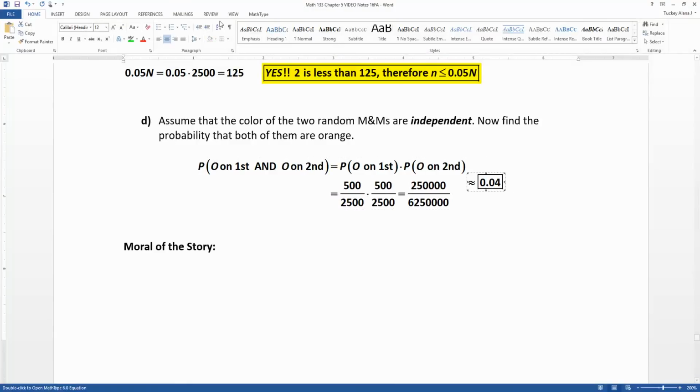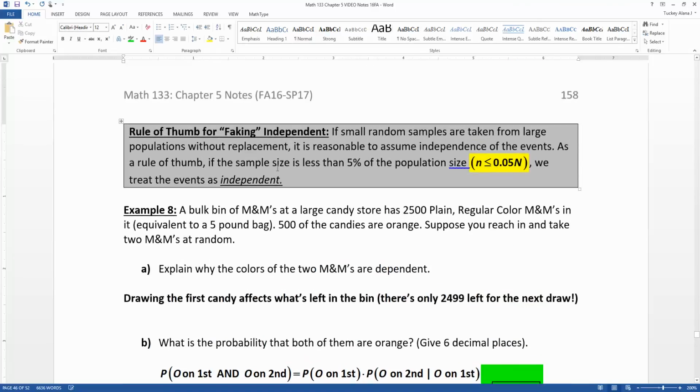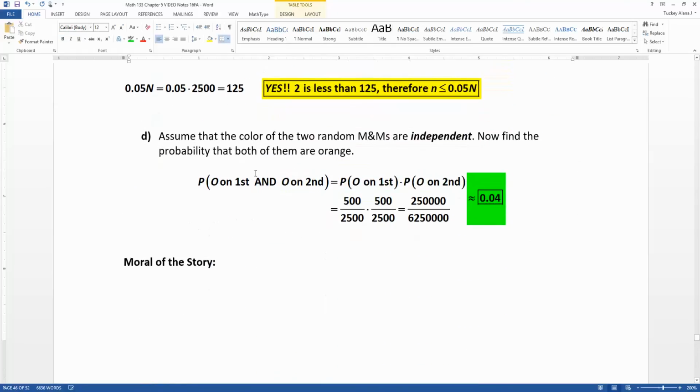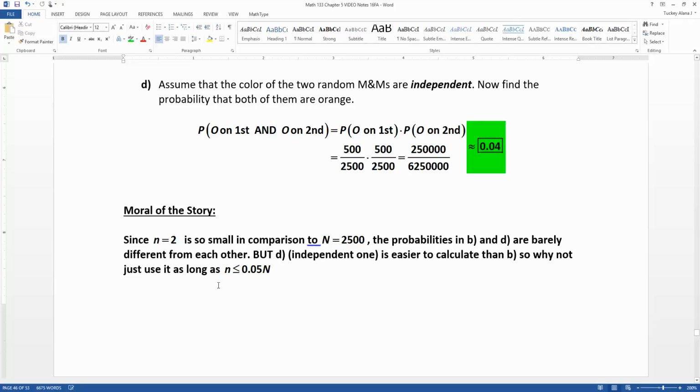They are extremely close. And basically the box at the top of the page is saying, it's close enough, right? We're faking independent. As long as your sample size is really small in comparison to your population size, then you can treat them like they're basically independent of each other. And that's the moral of the story.